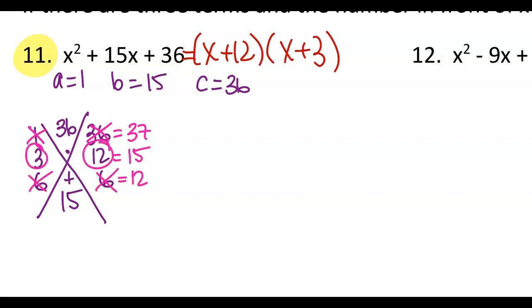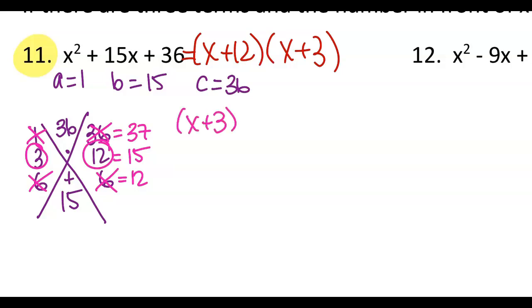Can't use that. So the only 2 numbers that will multiply to 36 and add to 15 is 3 and 12. Here's my next favorite part, specifically for this section. Since the problem asks you to factor like normal, all you need to do is make sure that your leading coefficient is positive 1. Since your leading coefficient is a positive 1, I'm just going to write my answer just like this.